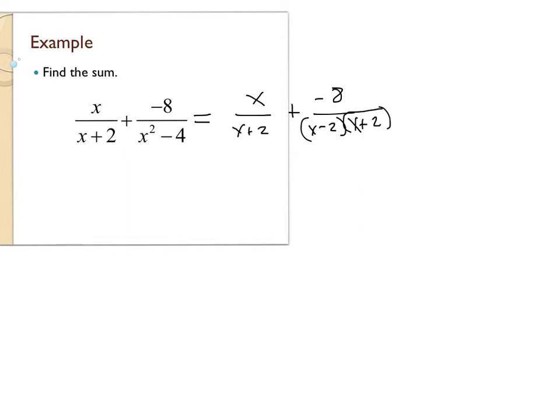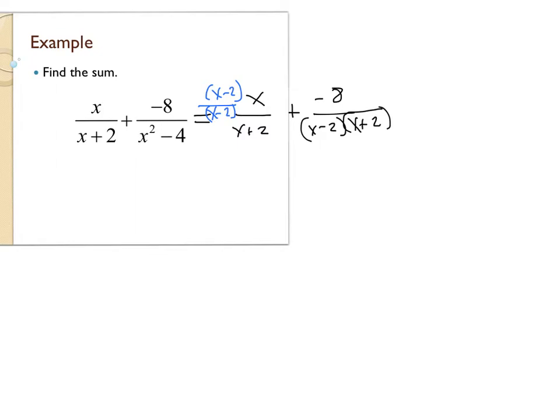And in one of the previous videos, I said we want to look at the factors and make sure that those match. So if we look here, we got an x plus 2 here. We have an x plus 2, but this one is missing an x minus 2 factor. So I need to multiply this guy by x minus 2 over x minus 2.